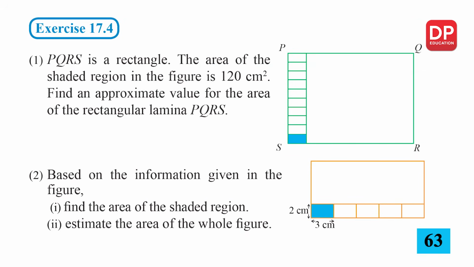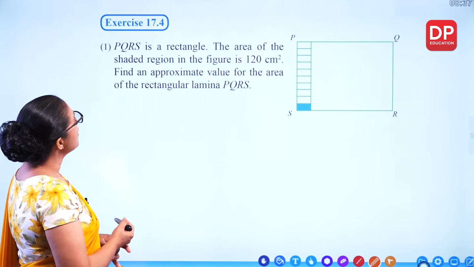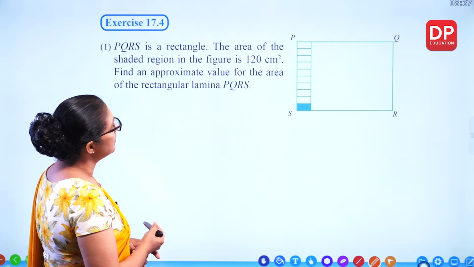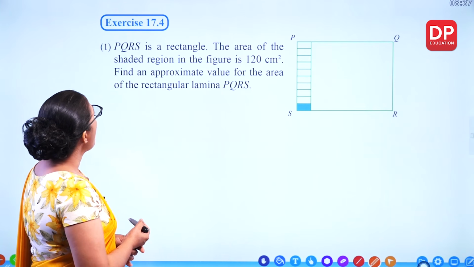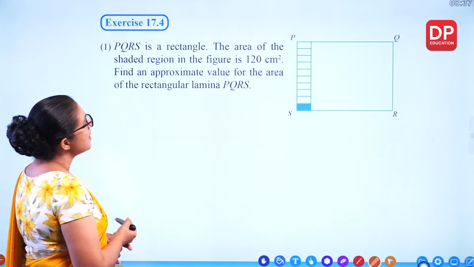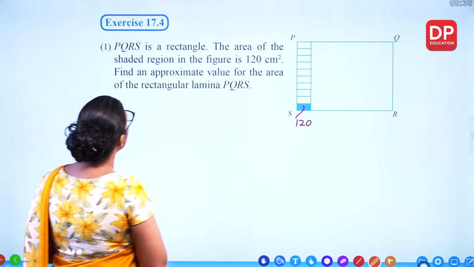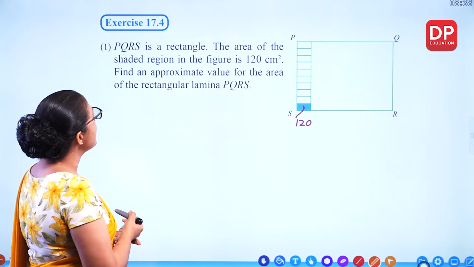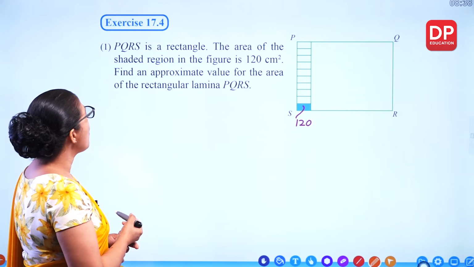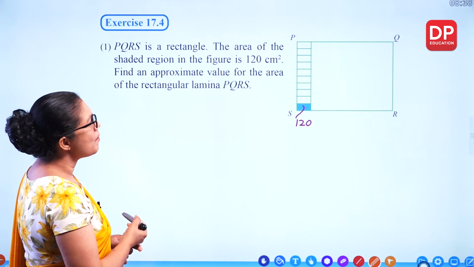Exercise 17.4. PQRS is a rectangle. The area of the shaded region in the figure is 120 square centimeters. Find an approximate value for the area of the rectangular lamina PQRS.